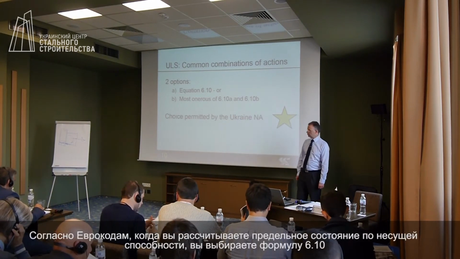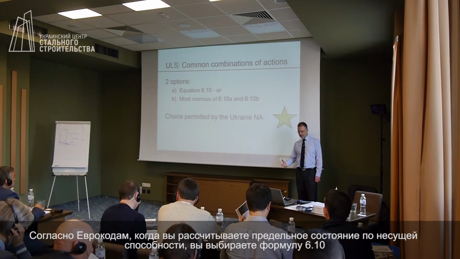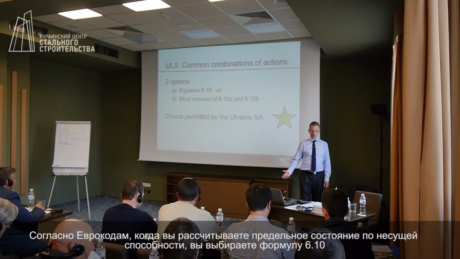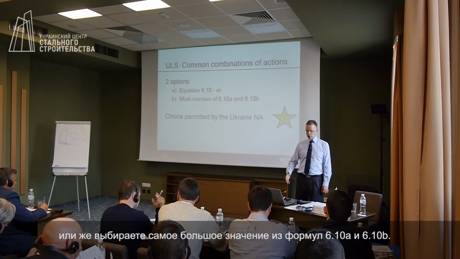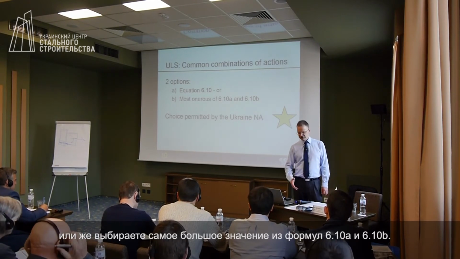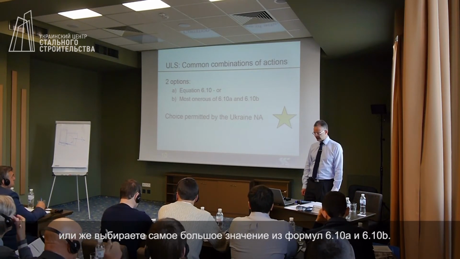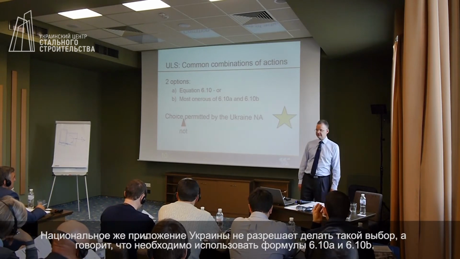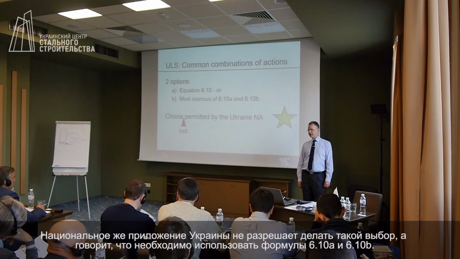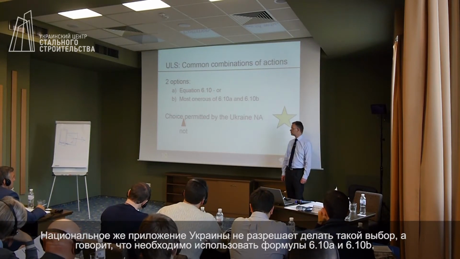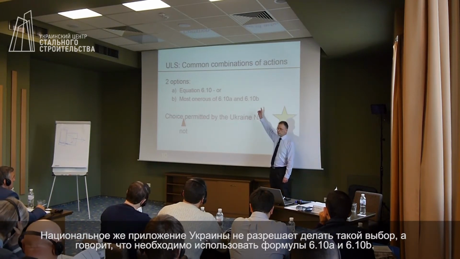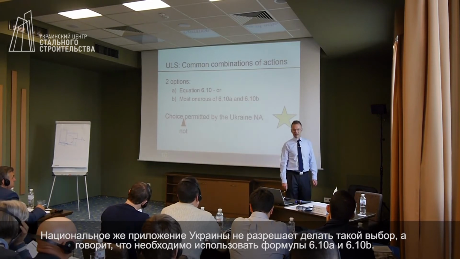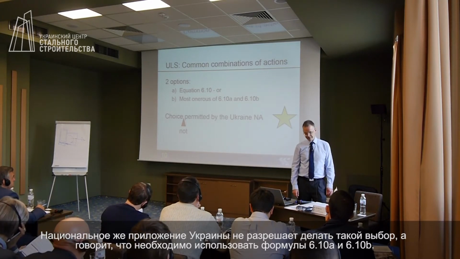The core Eurocode says when you're working out the ultimate loads for strength, you can either use 610 or the highest load that you calculate from 610A or 610B. But the Ukrainian National Annex does not allow that choice. For strength, it says you must use 610A and 610B.